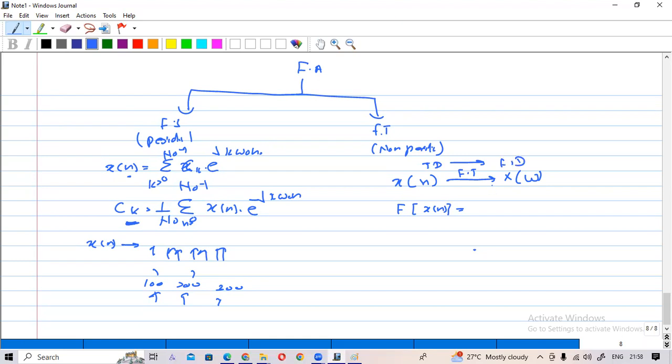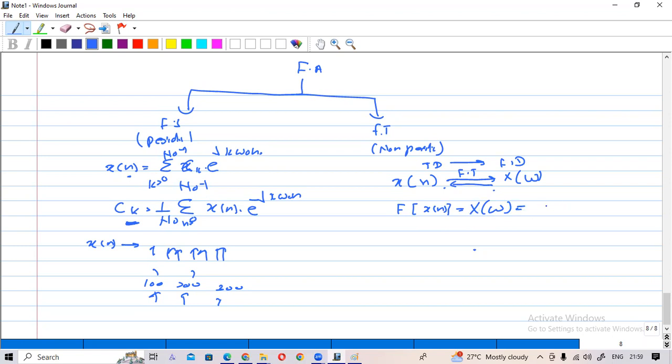And if you take the inverse Fourier transform of the frequency domain signal, you can convert it back to the time domain. So if we get the Fourier transform, that will be a frequency domain signal, a function of omega.